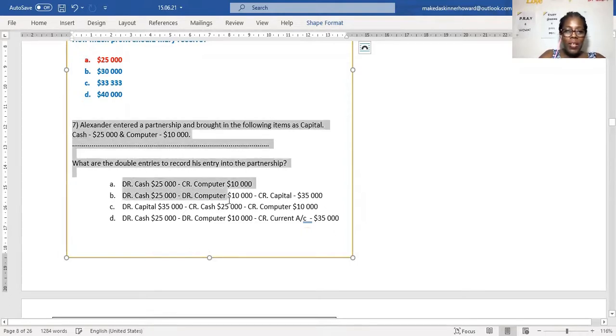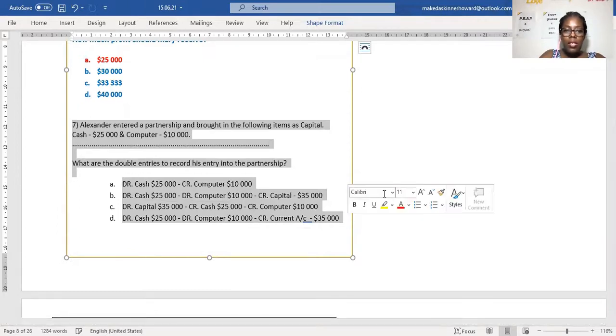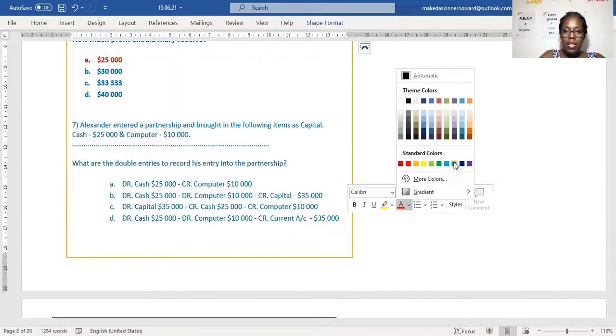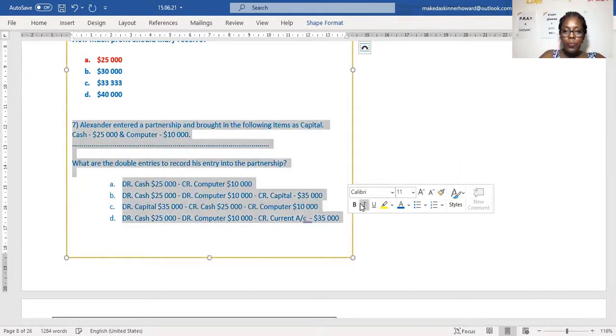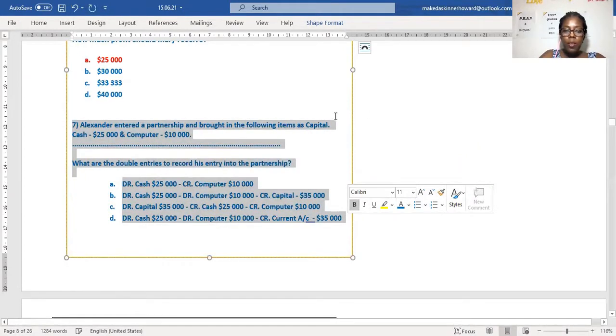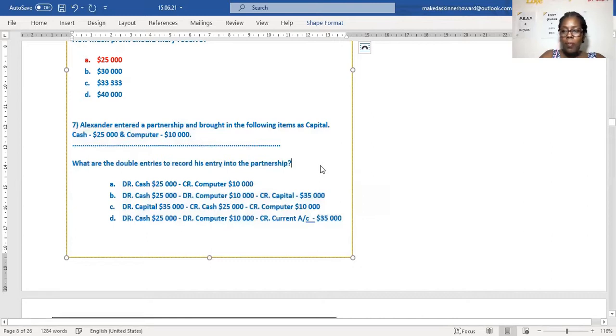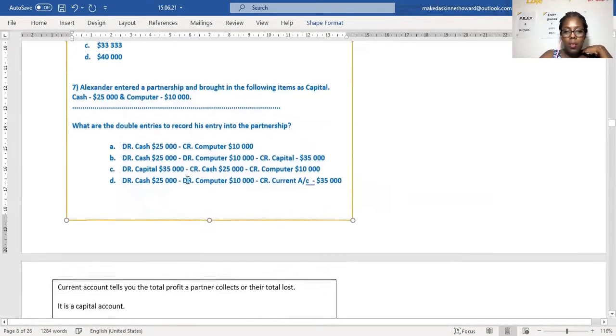What are the double entries to record his entry into the partnership? So in other words, how do we account for these things that he brought in? What are the double entries we have to make into his accounts?